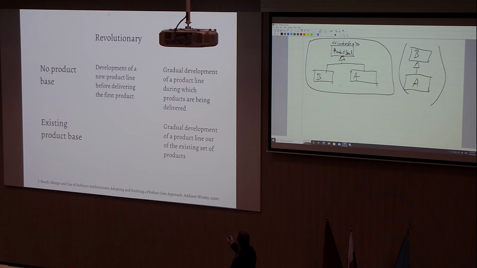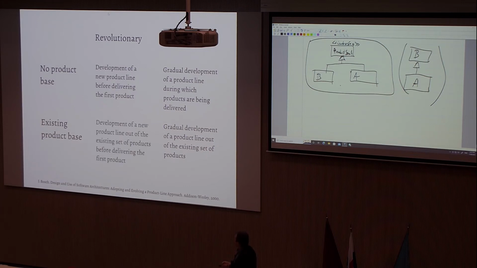So you start developing your products, and also you take some features out of them and put them in your software product line. But you have not previously consciously decided for a software product line. Not as probable as this situation here.